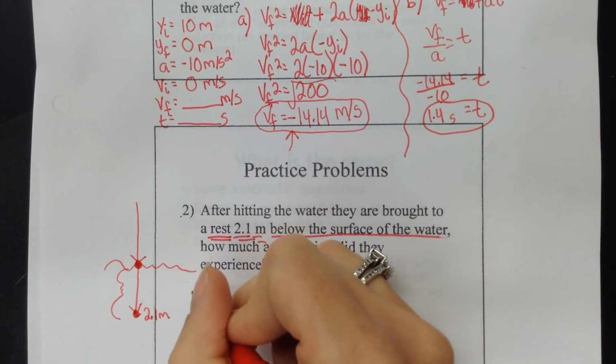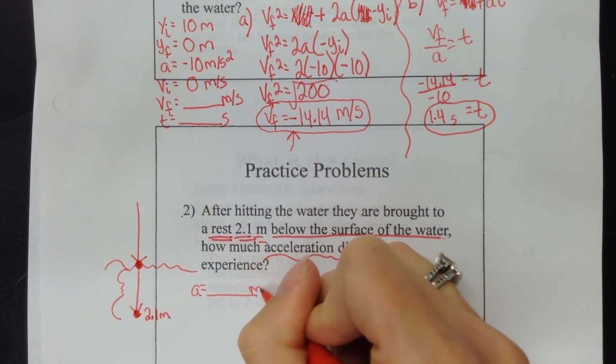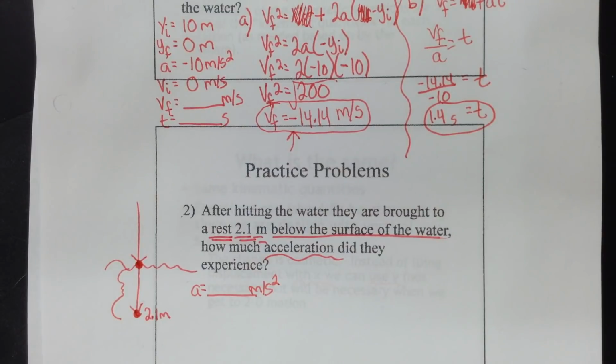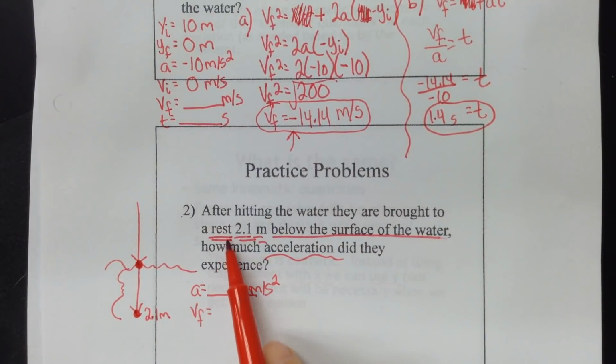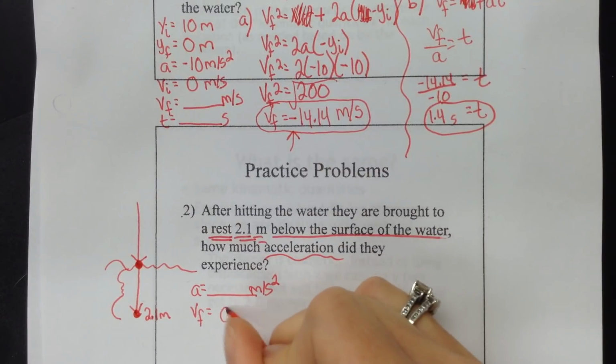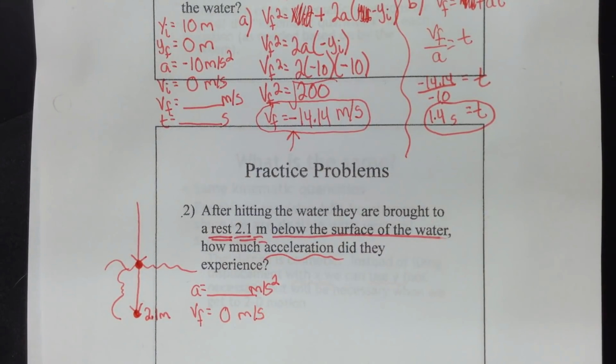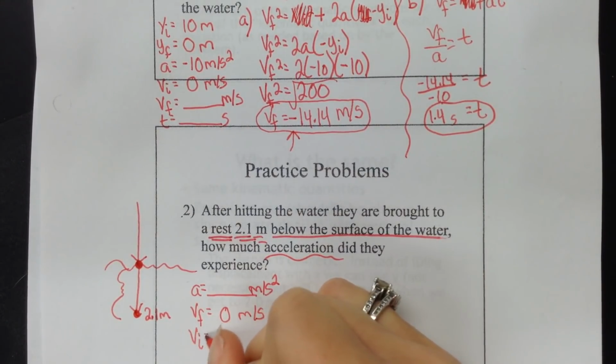So let's write down our notes. We don't know acceleration, and our v of f, our final velocity, well remember they're brought to a rest at this 2.1 meter mark below the water, so v of f is 0 meters per second. But our v of i, be careful here.